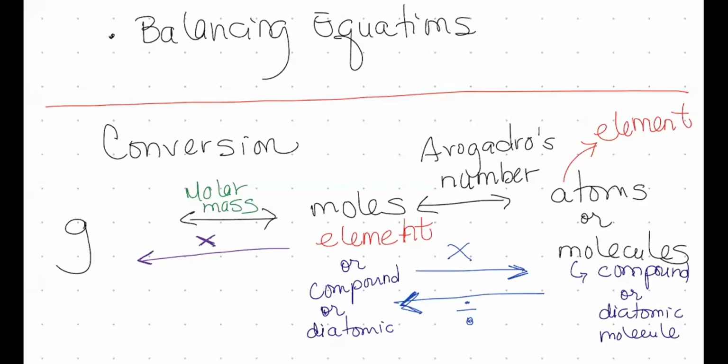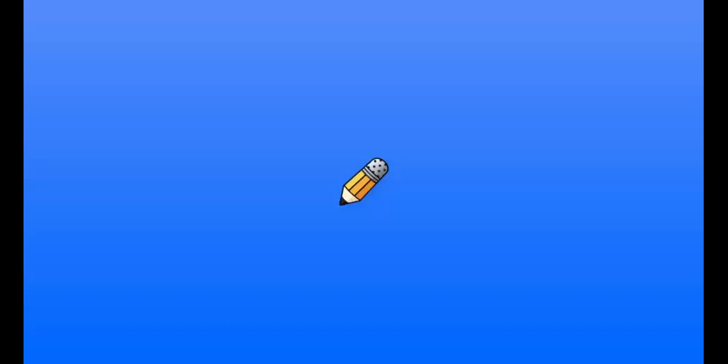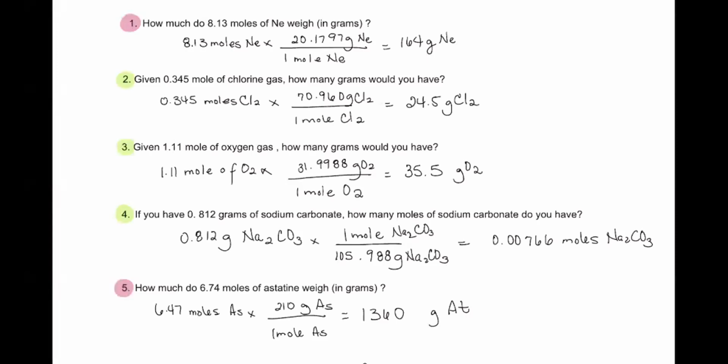If you're given grams and you need to find moles, you divide by the molar mass. Looking at the sample problems in the in-class worksheet, we're given moles, finding grams, so we multiply by the molar mass. Like in number 4, we're given grams, trying to find moles, so we divide by the molar mass.